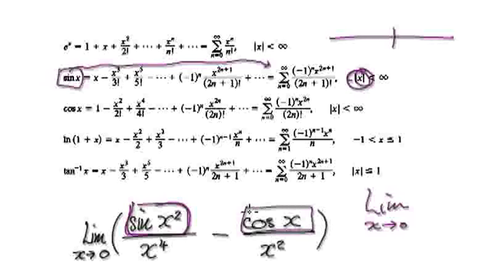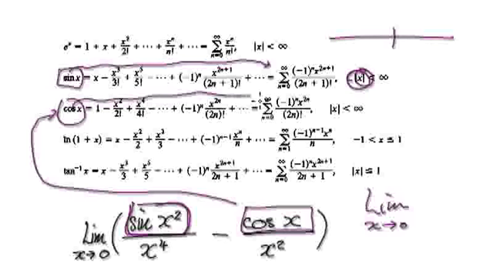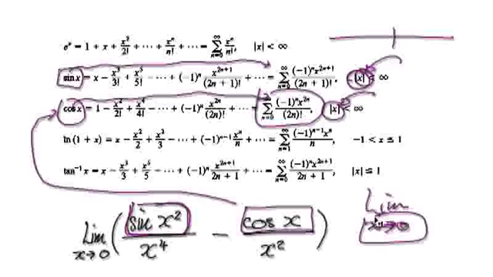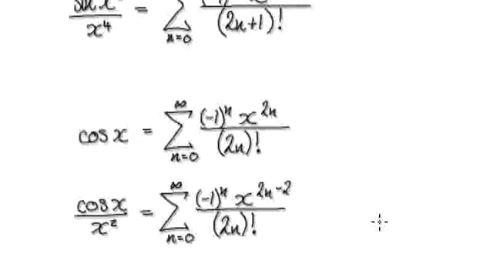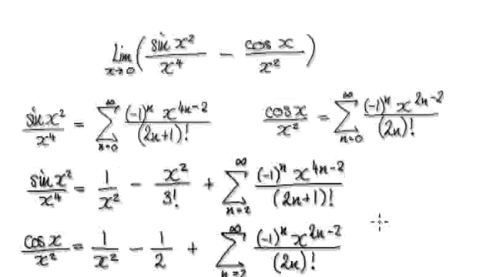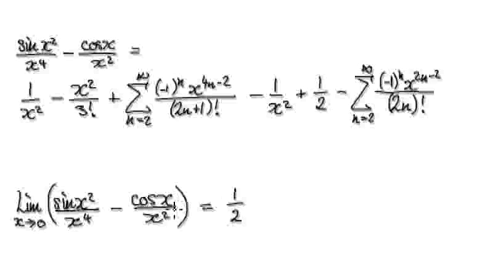And when you turn this into a series, this is also valid for all values of x. So heading towards 0 is fine. Well, anyway, the overall limit is a half.